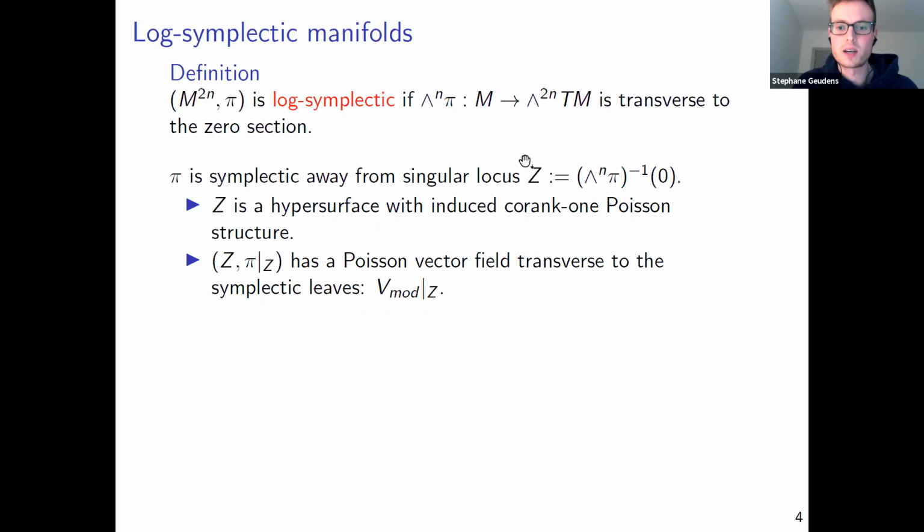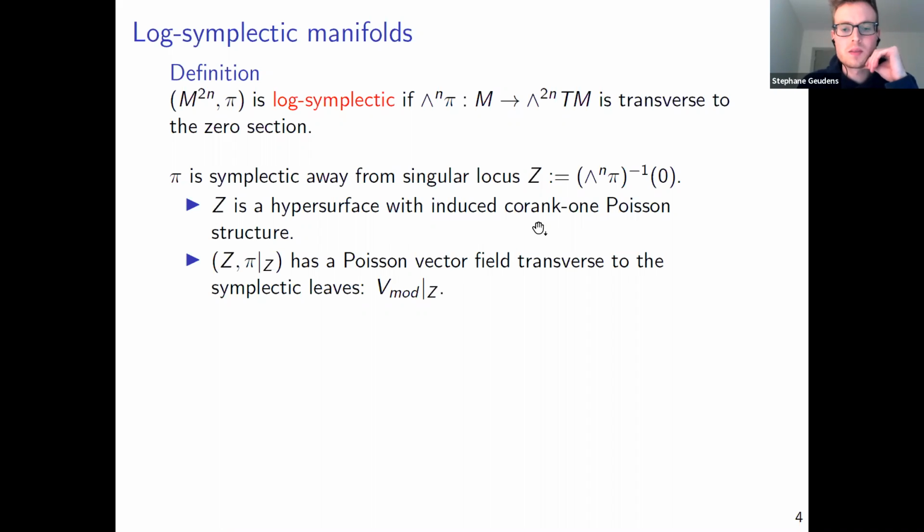I will always denote by Z the singular locus, which is the set of points where wedge n of pi vanishes. Away from the singular locus, the Poisson tensor is symplectic, and along the singular locus it drops rank. Because of this transversality requirement, the singular locus is a smooth hypersurface, and it's in fact a Poisson submanifold, so it has an induced Poisson structure, which has corank 1.